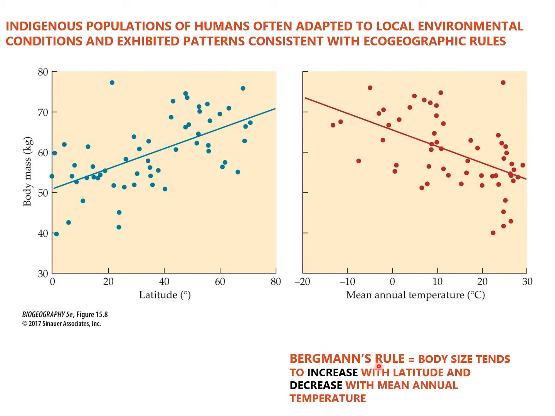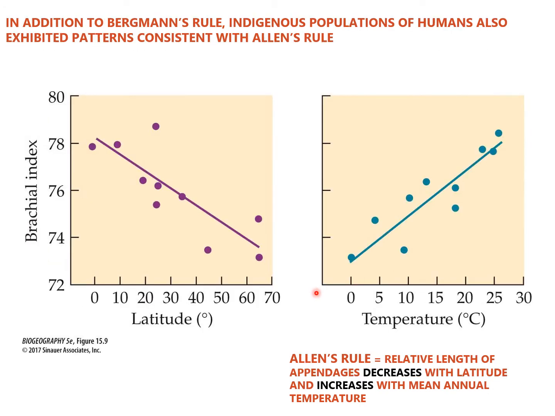So that's what's known as Bergmann's rule, and it's not exclusive to humans, but you can see that humans fit that trend pretty well. Another rule that humans tend to fit is Allen's rule, which is that relative length of appendages tends to decrease with latitude and increase with mean annual temperature. So we have the brachial index, and it's not super important that you know what that is.